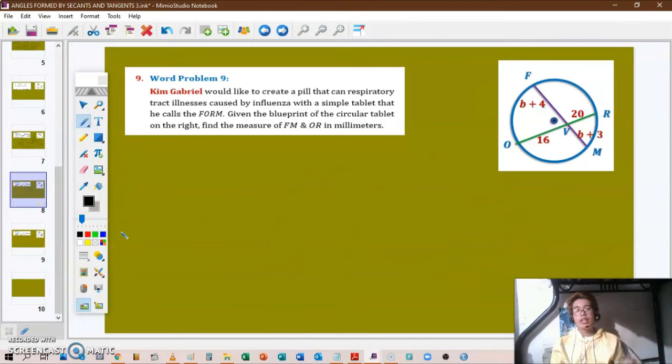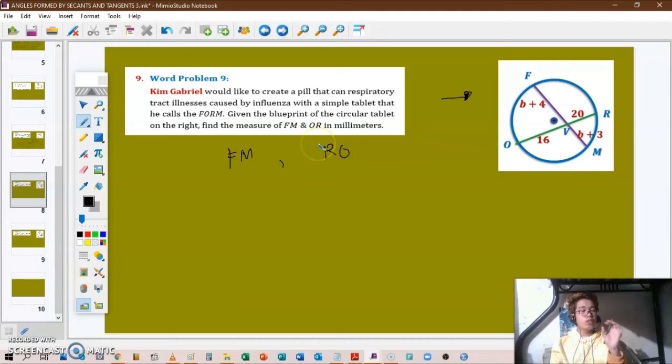We have here Kim Gabrielle would like to create a pill that can cure a respiratory tract illness caused by an influenza with a simple tablet shown here on the right. So the tablet is shaped like a circle, and we have here two chords, FM and OR.